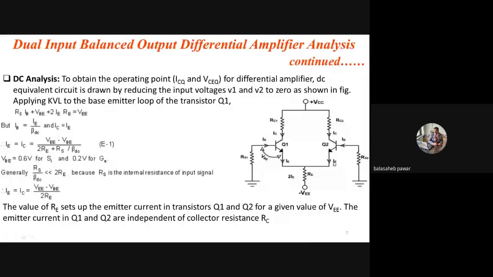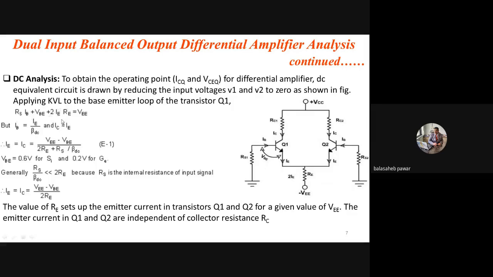The emitter current will be the same, that means IE1 equals IE2, and that's why it is simply written as IE. It is not differentiated, and hence the total current flowing through RE will be twice IE. And that's why, by applying KVL, that term is written as 2 IE into RE equals VE.